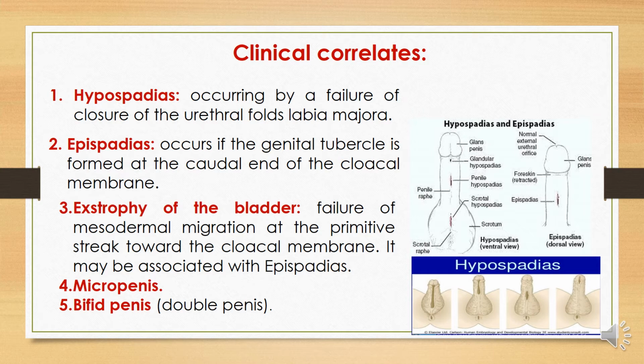Third, extrophy of the bladder, failure of the mesoderm migration at the primitive streak toward the cloacal membrane. It may be associated with epispadias. Fourth, micropenis. Fifth, cleft penis or double penis.